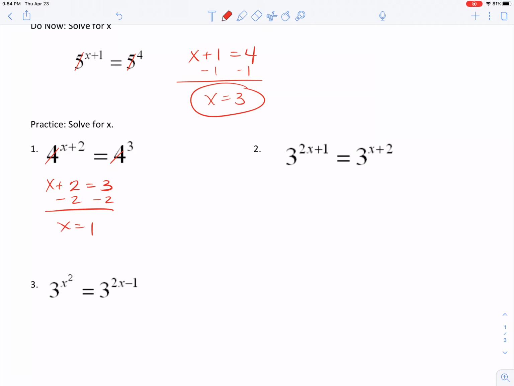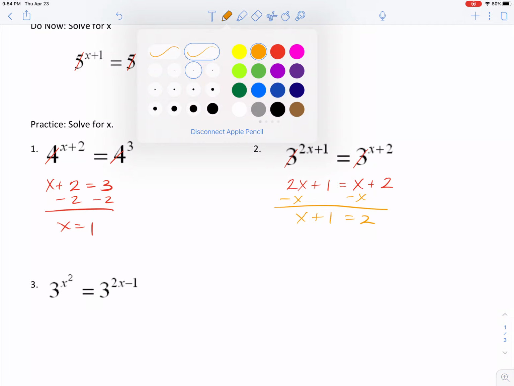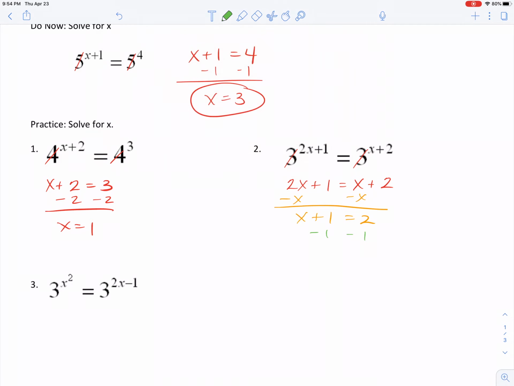Number 2, they're both 3 as the bases. So if the bases are equal, I can drop them and just set the exponents equal. So here it's a linear equation with variables on both sides. So you have to remember basic algebra to subtract x on both sides and get x plus 1 equals 2. Then you can subtract 1 on both sides and get x equals 1.